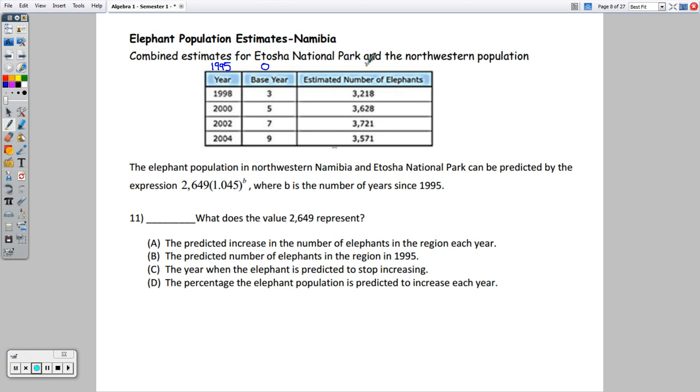And so we're trying to figure out, what does this number represent right there? That looks like it would be the initial value given year 0. So what is that? That's the predicted number of elephants in the region in 1995. So this one, choice B, is our correct choice there for number 11.